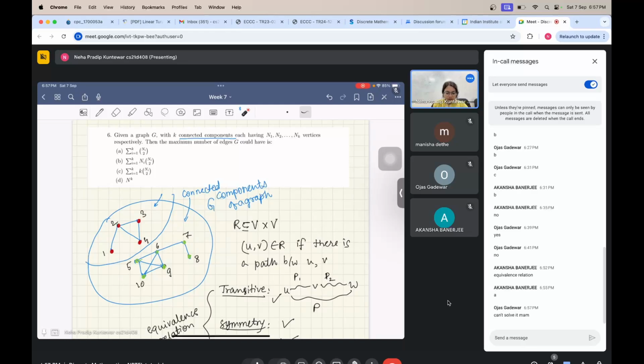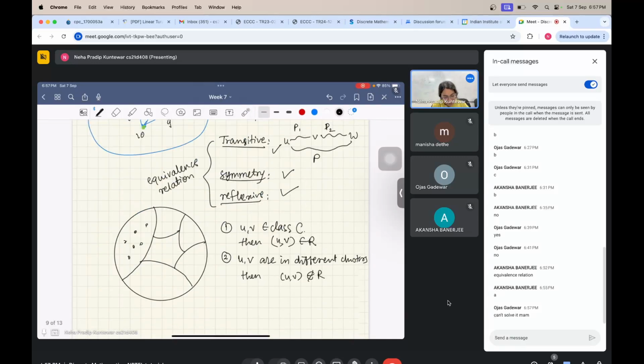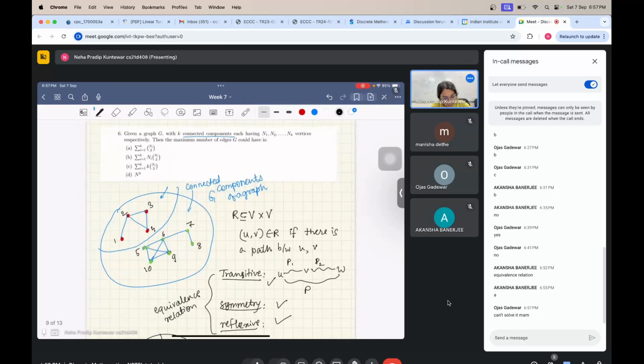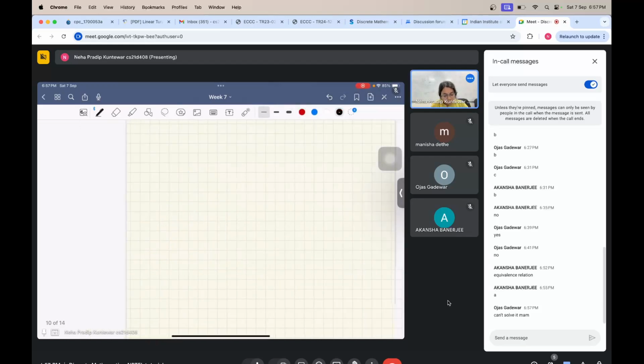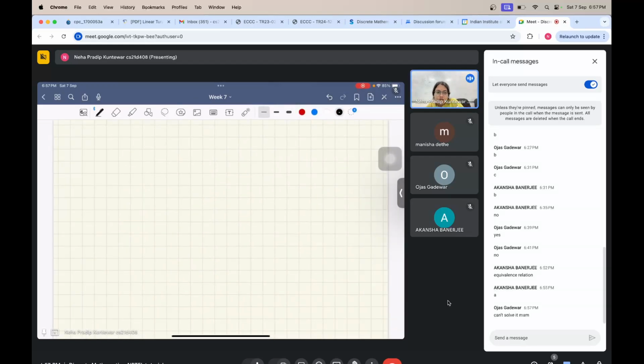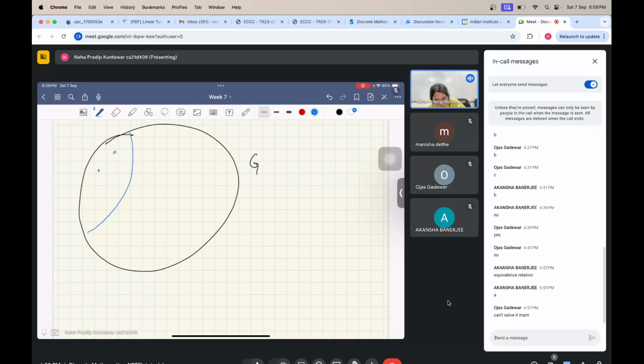Okay, so let's try to solve this step by step. Let's try to draw this graph. You have this graph G where you have k components. This is one component which has n1 vertices, 1, 2 up to n1.